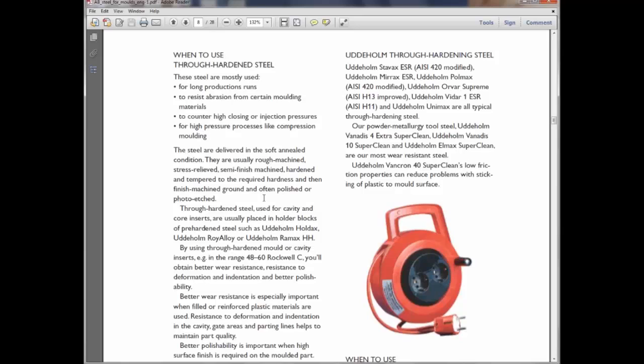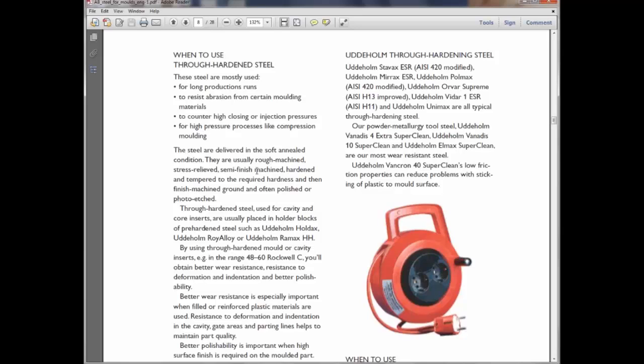At that time, when we have done semi finishing, we don't go directly for the finishing process. We go for the hardening process after semi finishing, through hardening, because the material can bend.